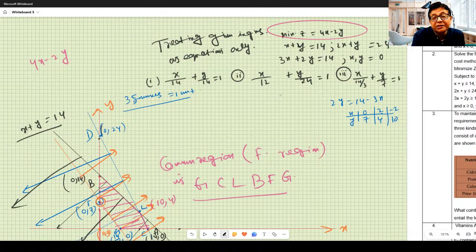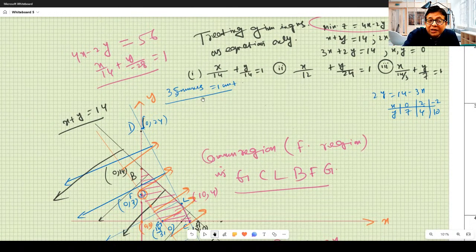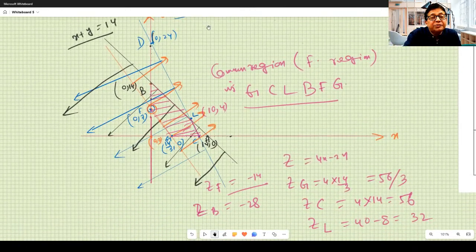I am taking some large value. Or you can take more. 4x minus 2y equal to say 56. So x by 14, y by minus 28 equal to 1. Plot this line and move it parallel towards the origin. So 14 and minus 28.